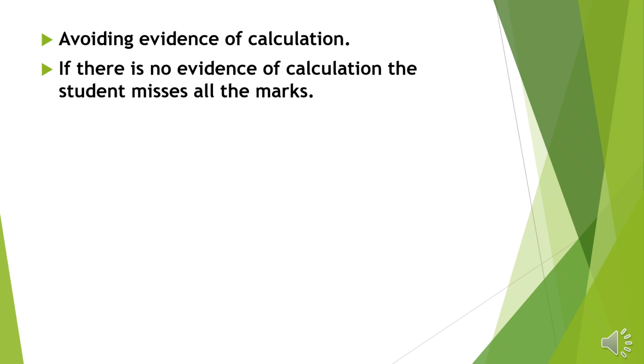So your work, the method you followed, is the most important thing in mathematics. If you don't show the method or the working, then even if the answer you're getting is correct, you'll miss everything. So always ensure you show your work.